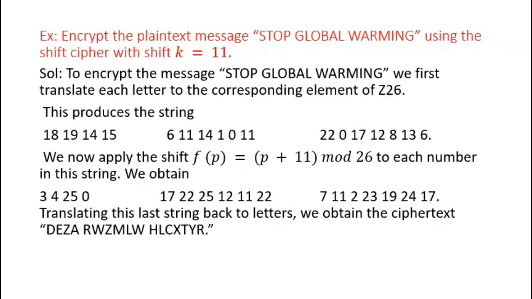Suppose we have to encrypt the plain text message, the original message, that is "stop global warming", using the shift cipher with the key 11. First of all, in the first step we have to change all these alphabets into the corresponding numbers. As we already explained, S stands for 18.